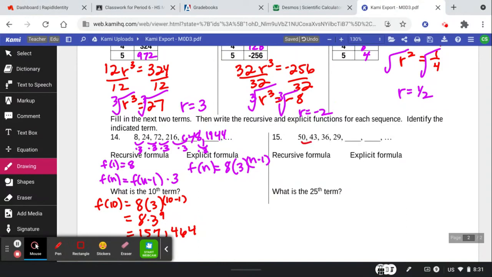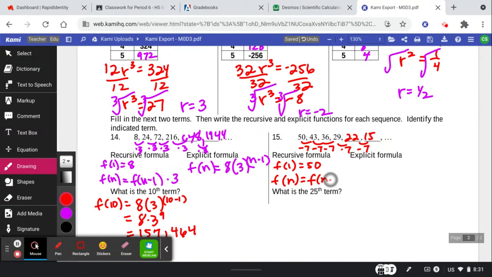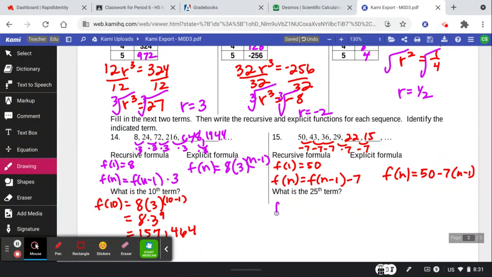Okay, this next one looks like it's decreasing. Looks like it's going down by 7. 29 minus 7 is 22. 22 minus 7 is 15. Recursive goes f of 1 equals 50. F of n equals f of n minus 1 minus 7. Explicit begins with 50 minusing 7 times big N minus 1. And when they ask us for the 25th term, they're wanting us to plug in that 25.